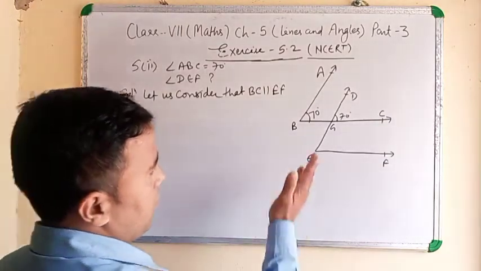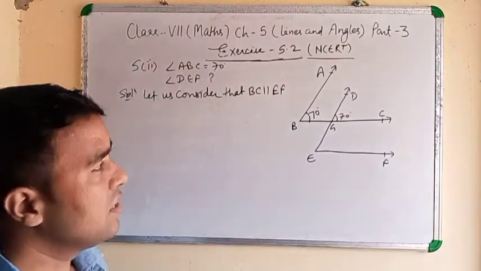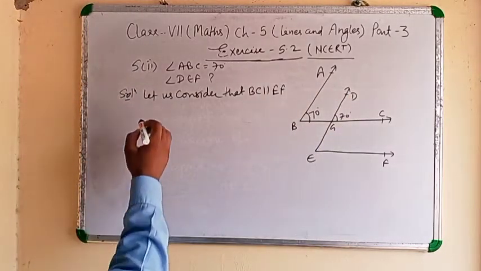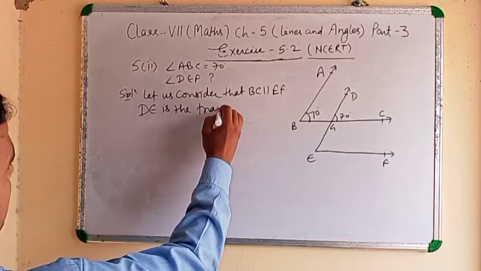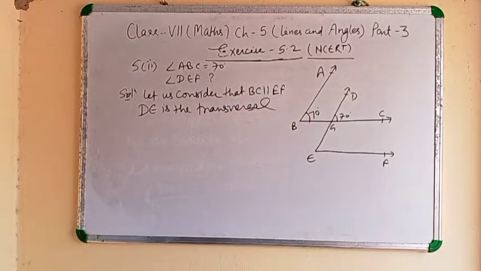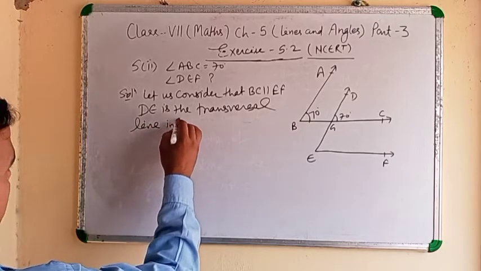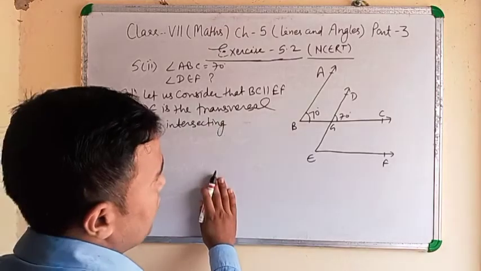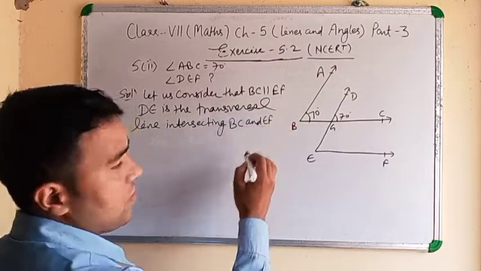See, BC and EF. DE is the transversal. Clear? Means here you will write DE is the transversal line intersecting which lines? BC and EF.